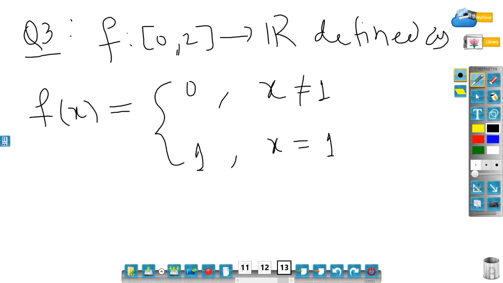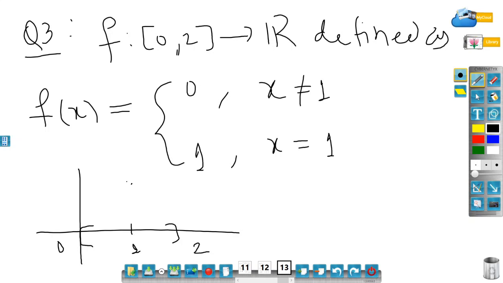So this function is discontinuous, at 1. You can see that because the domain is 0 to 2, and at x equal to 1, suppose this is 1.